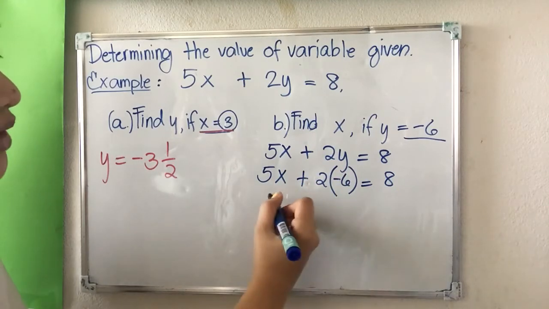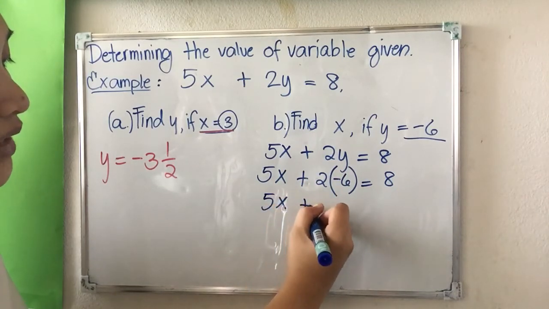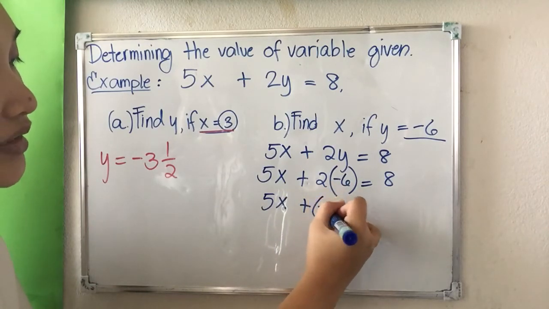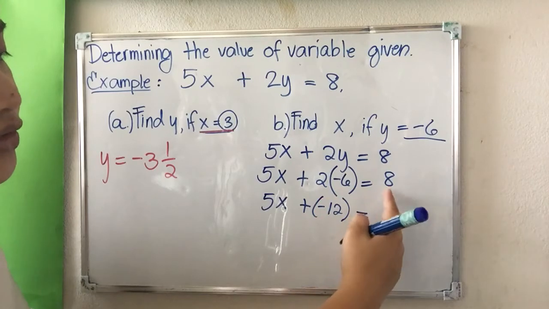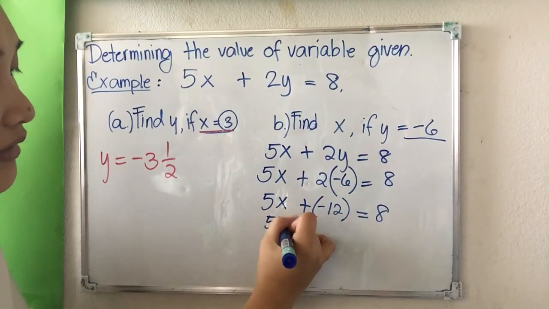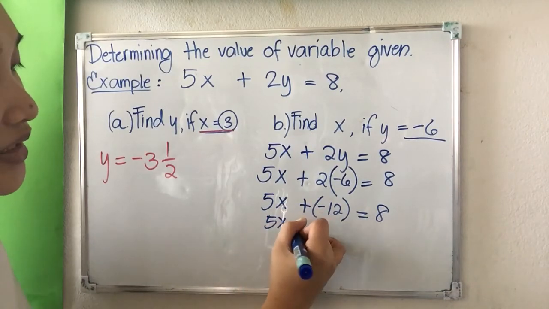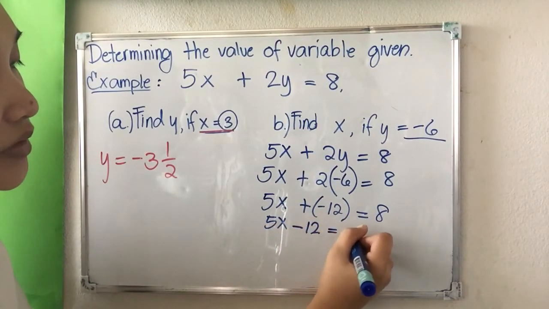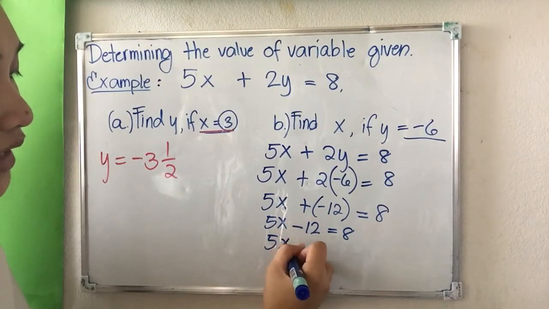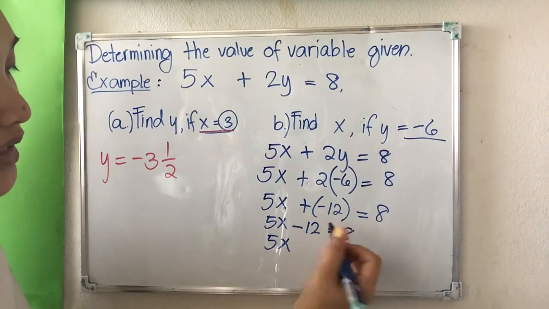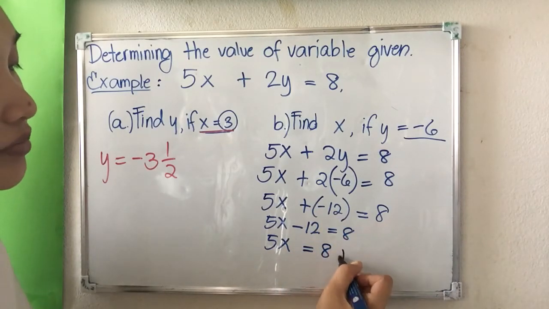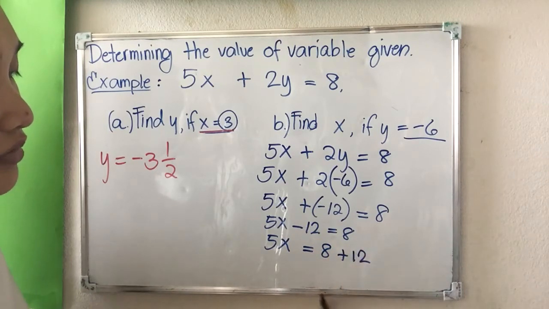Alright, simplify. We have 5x plus 2 times negative 6, that is negative 12, is equal to 8. So we have 5x, move this one to the other side, that is 8 plus 12.